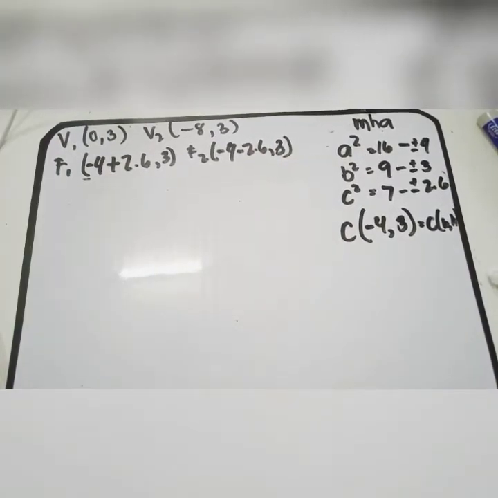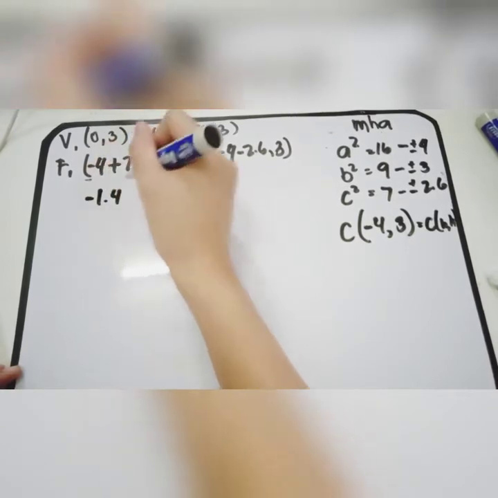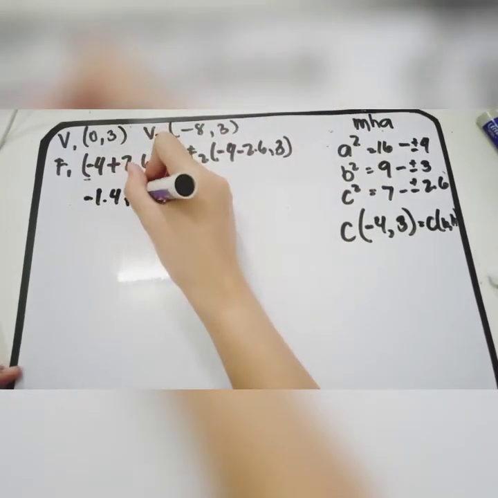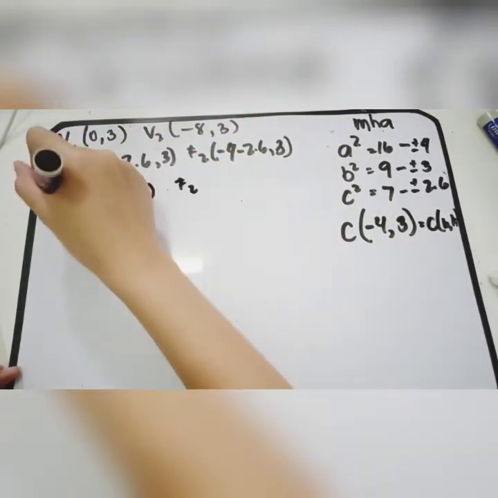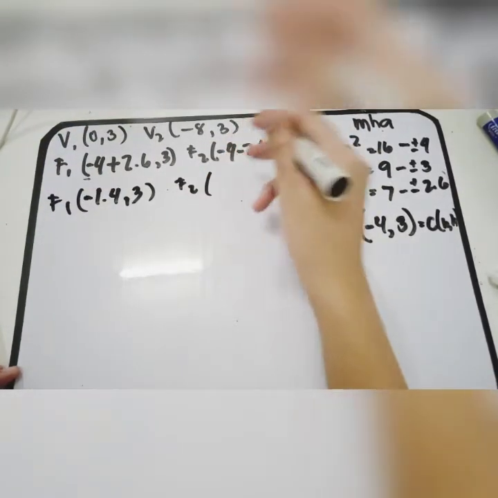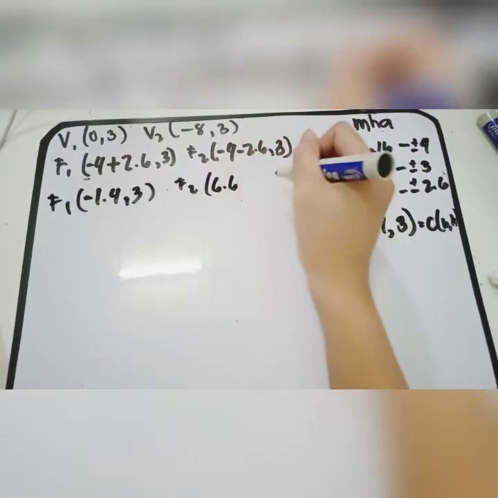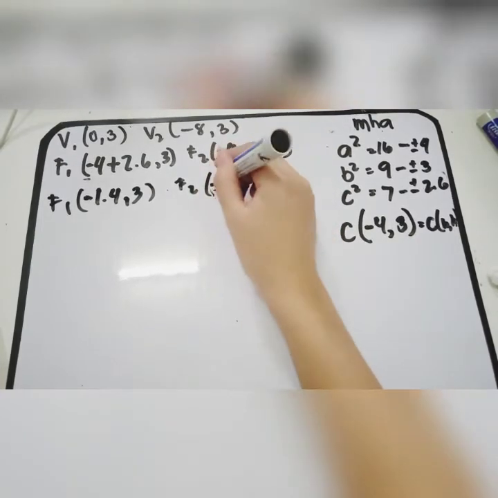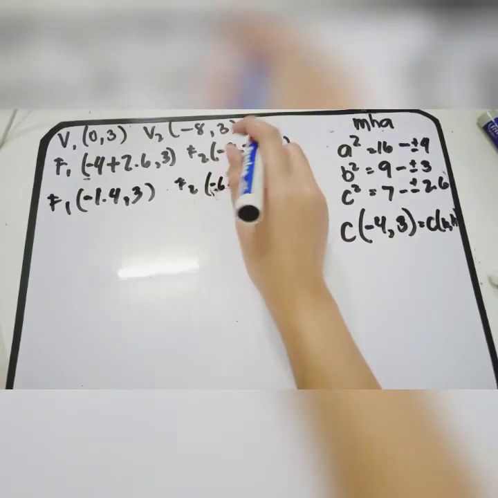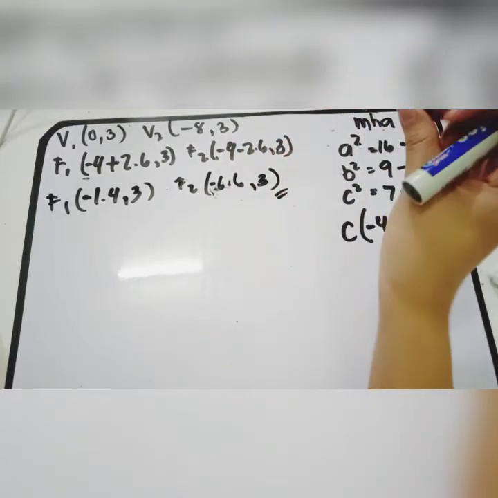So, negative 4 plus 2.6 is equal to negative 1.4, comma, 3. And for F2, negative 4 minus 2.6 is equal to negative 6.6, comma, 3.